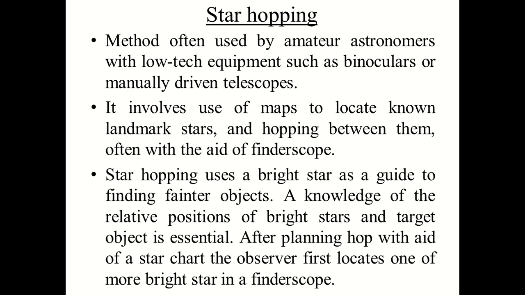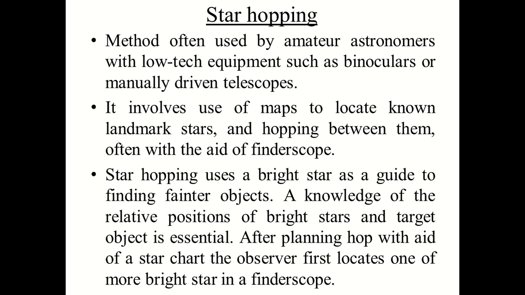One is called star hopping. It is a method often used by amateur astronomers with low-tech equipment such as binoculars or a manually driven telescope. It involves the use of maps or memory to locate non-landmark stars and hopping between them, often with the aid of a finder scope.